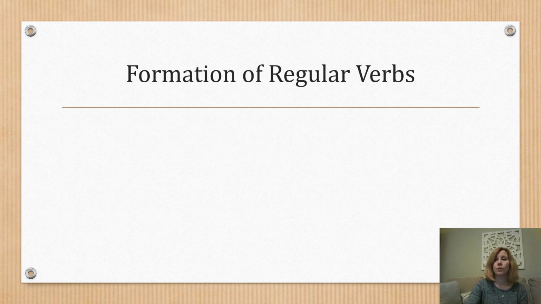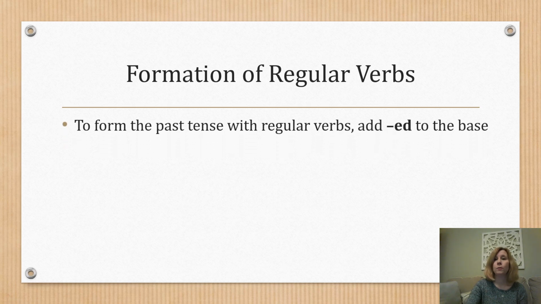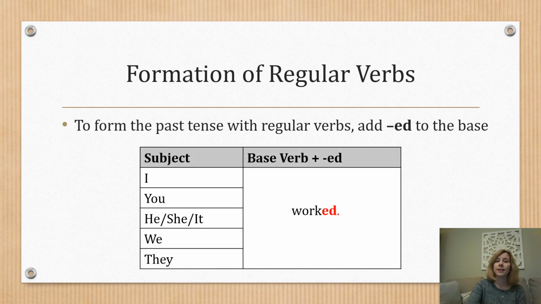Okay, so how do we form the past tense with regular verbs? It's actually pretty nice in the beginning. You just have to add ed to most regular verbs. Here's an example. In this chart, we have the subjects on the left and the base verb work on the right.